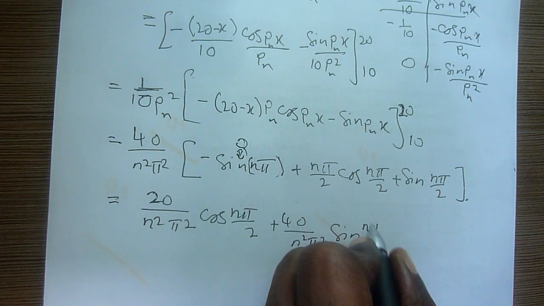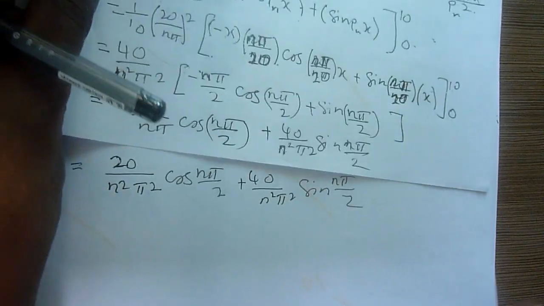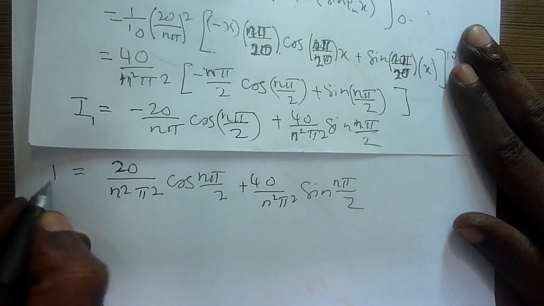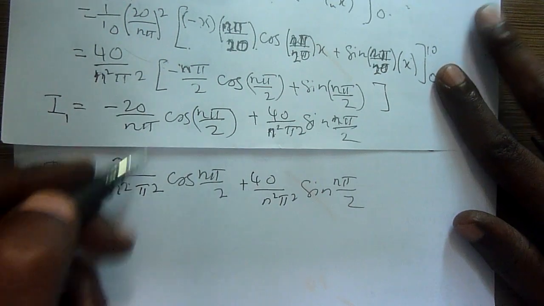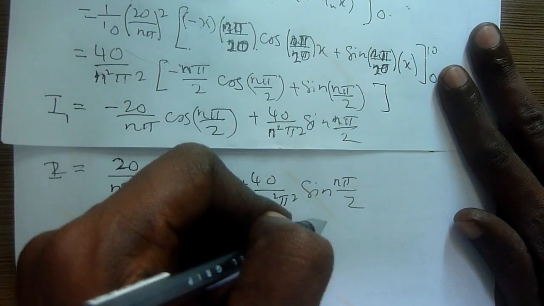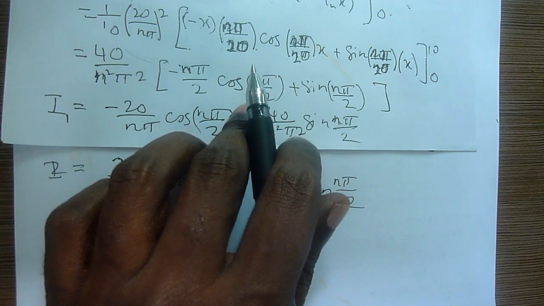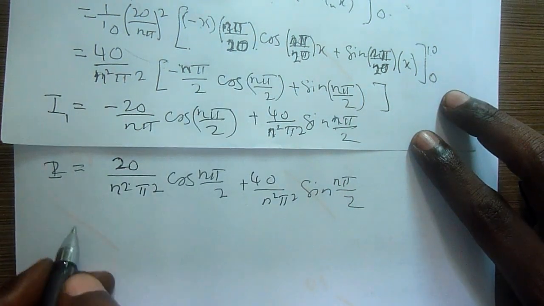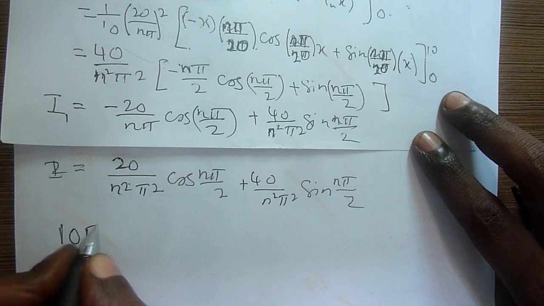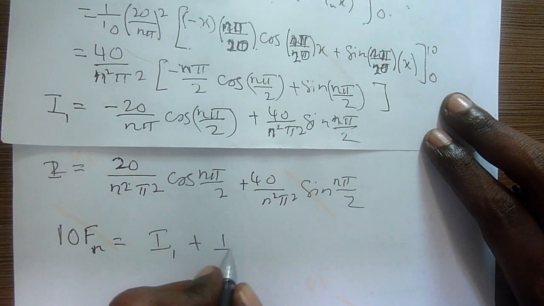N pi 2. Can I combine these two? I1, I2. Can you see the similarity here? This is I1. This is I2. If I add these two, this one disappears. Can you see that? And I will get only these two. Okay or not? If I go back to my original Fn, then Fn equals I1 plus I2.